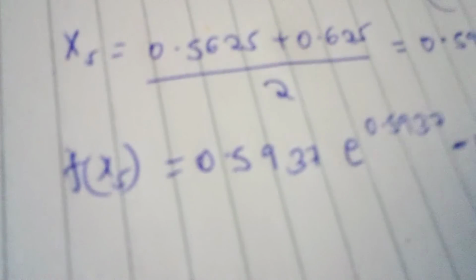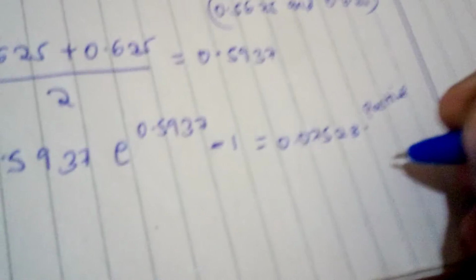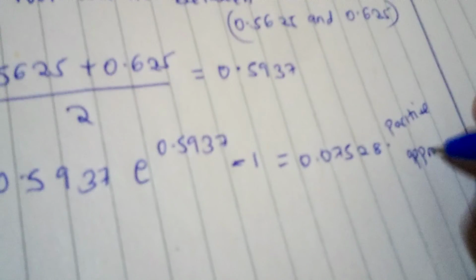So you subtract 1, it will give you 0.07528, which is a positive approximation.